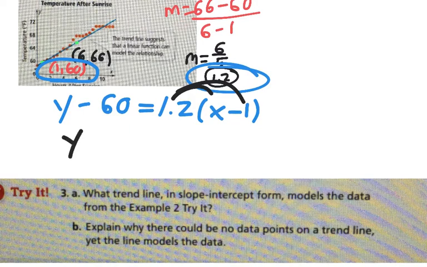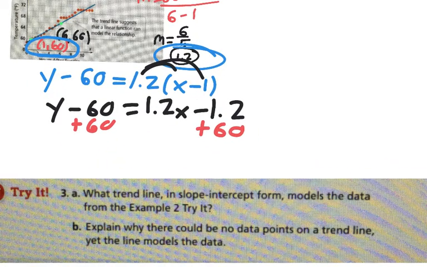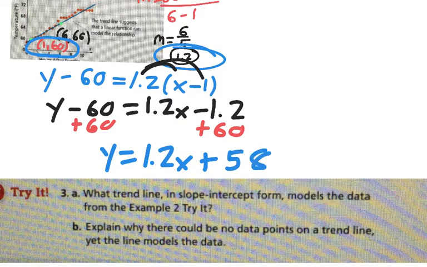So this would be y minus 60 equals 1.2x minus 1.2. And now I need to add 60. That's going to give me y equals 1.2x plus 58.8.